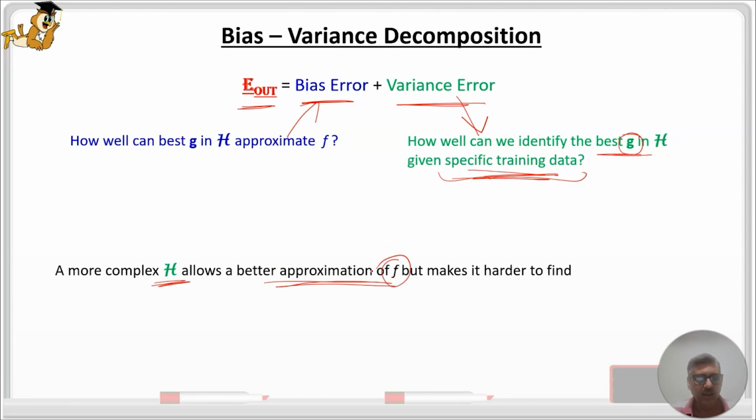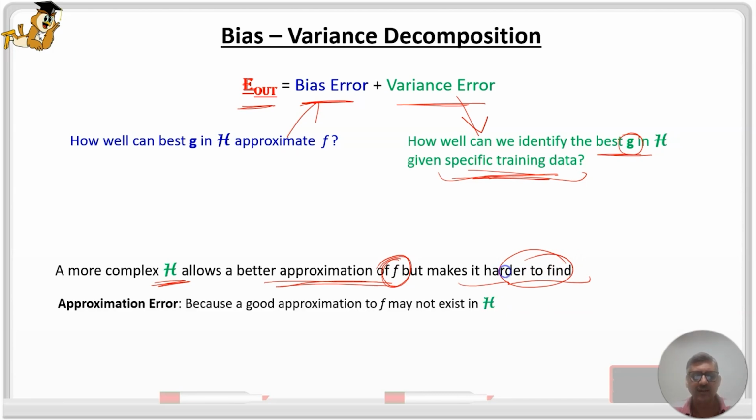There might be functions in your H that are closer and closer to f, but simply the fact that H has more complex functions is going to make that best hypothesis which is closest to f harder to find. Now, this is a concept that may be a little tricky to understand, and we'll look at it in some detail, right?